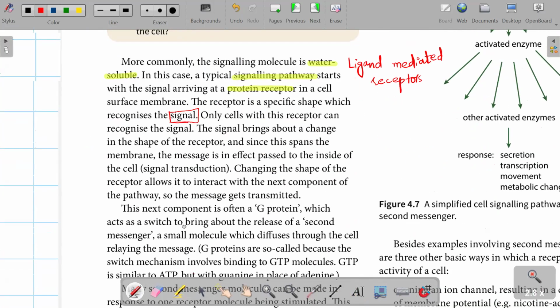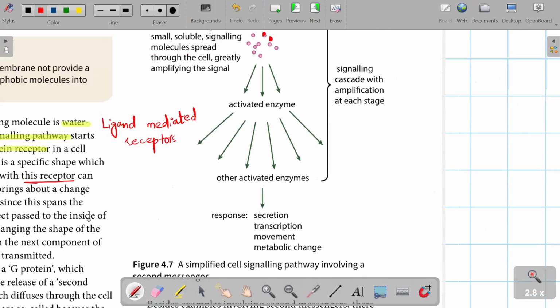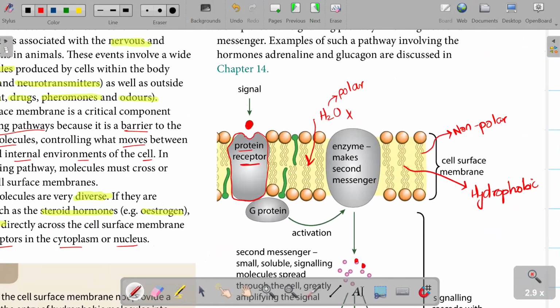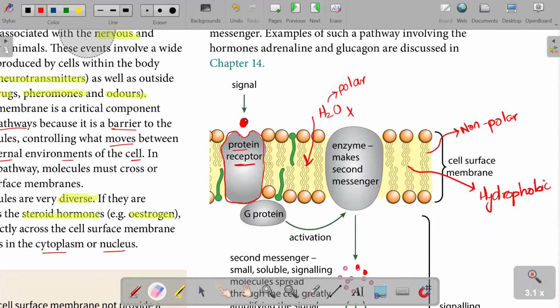Then only cells with this receptor can recognize the signal. Now what they're saying is, let's say this is a signal, and there are specific receptors like this, present on the protein receptors.